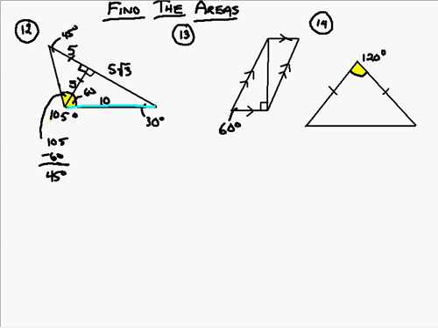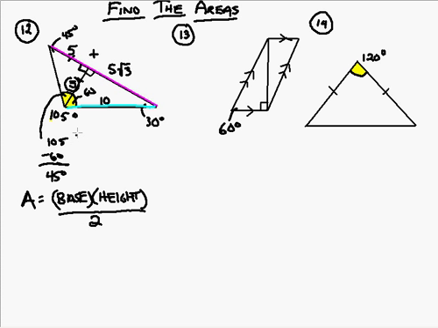Now to find the area of this entire triangle, we're going to look at this length right here, and I'm going to color this one in pink. This length is going to be the addition of 5 plus 5 square root of 3, and the height or altitude of the triangle is going to be 5. So to find the area of our total triangle, remember, it is the base times the height, and it's either times by half or divided by 2.